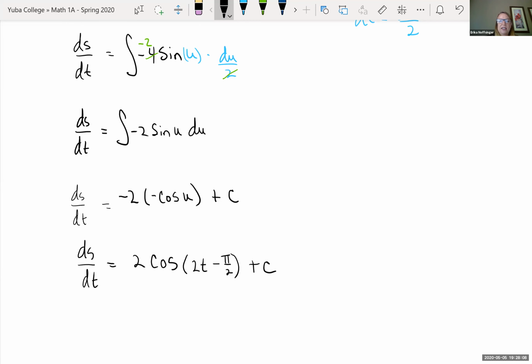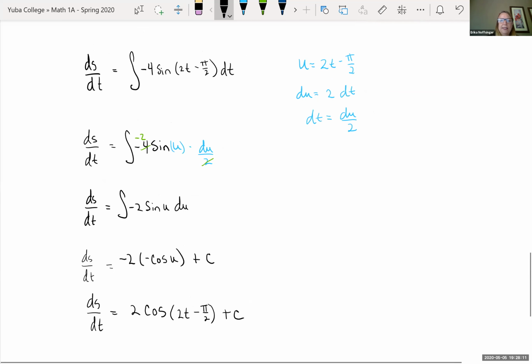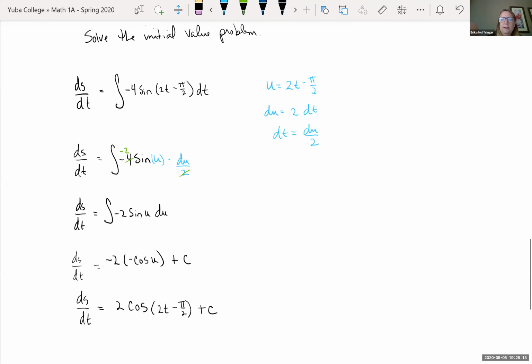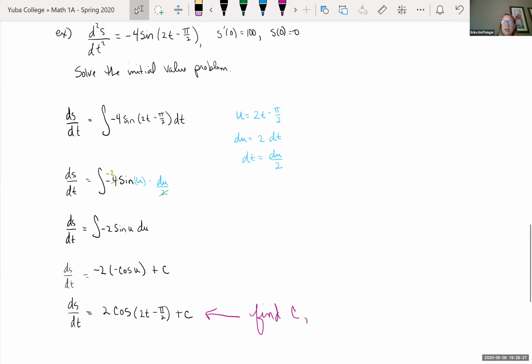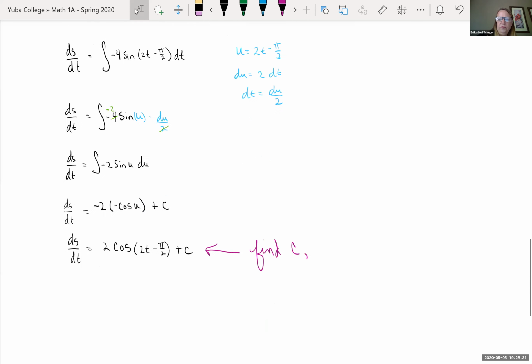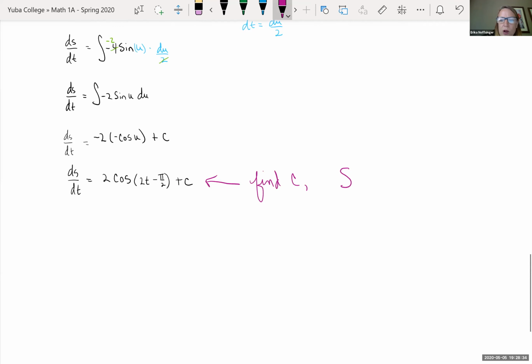So that gave us enough information that we can figure out what c is. Initially, they told us that the first derivative at 0 was 100, so s prime of 0 equals 100.